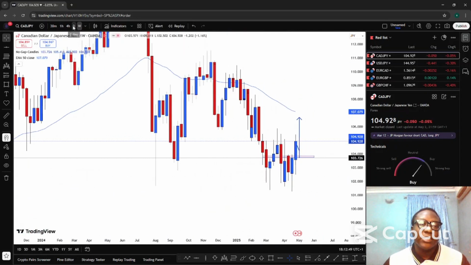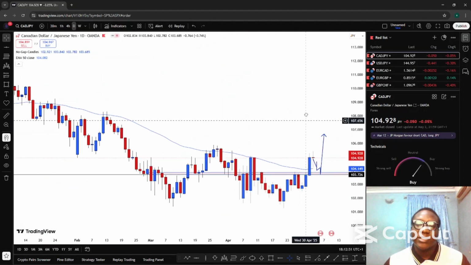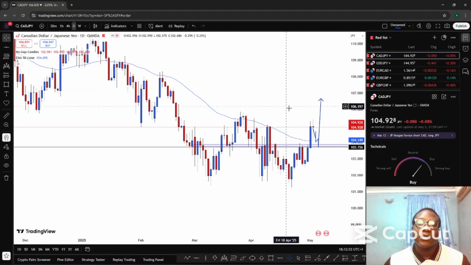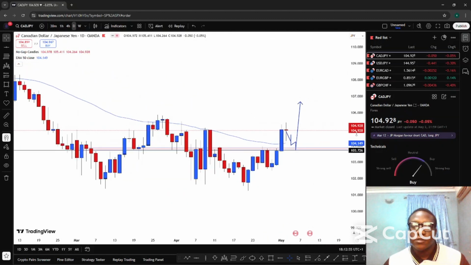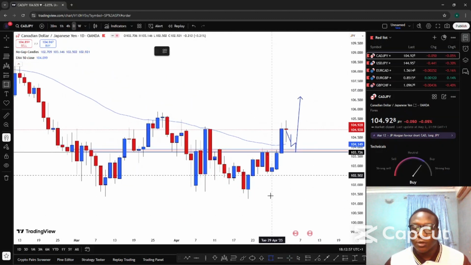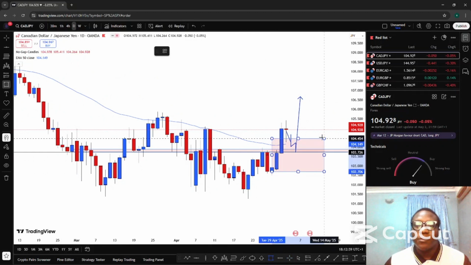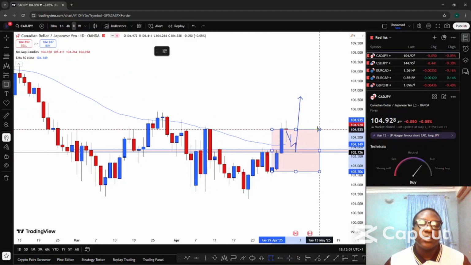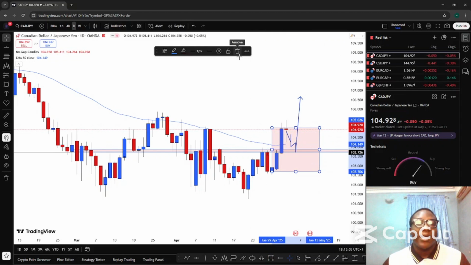Going down to the daily time frame, you can see that the market is also bullish as it has not closed above or below this previous market swing. And we have this area of interest here also on the daily time frame, which is clearer, but you can see it has been tested multiple times and we had a rejection from that area of interest anytime the market got there.